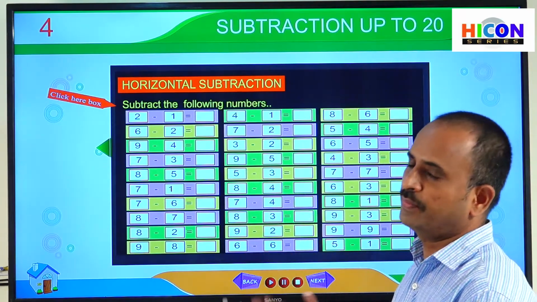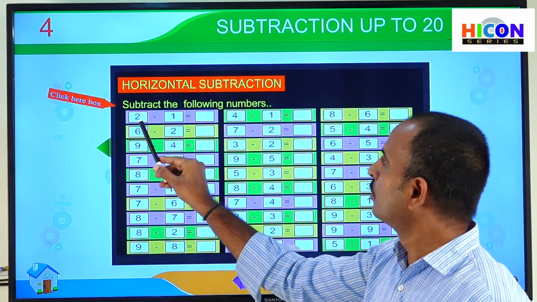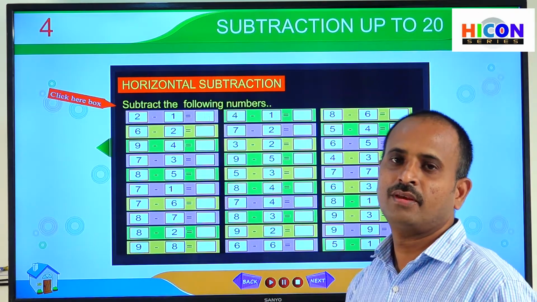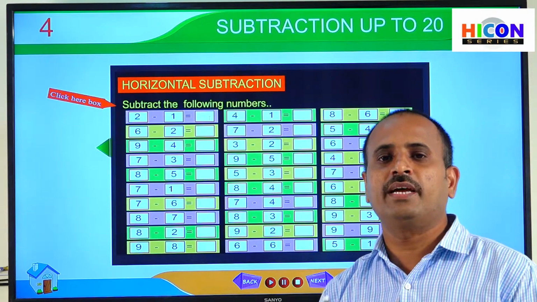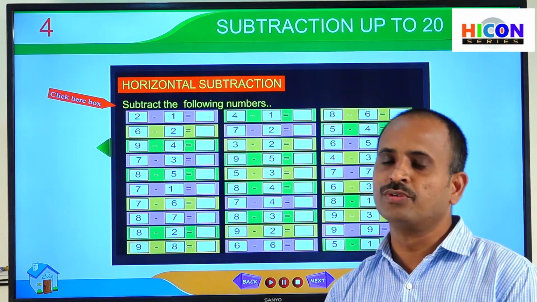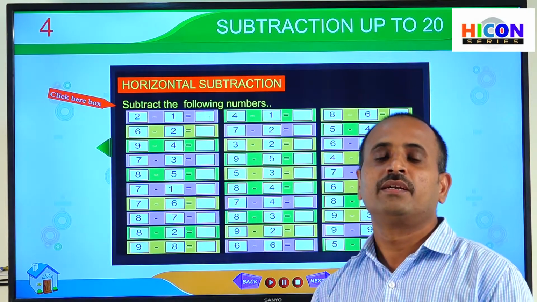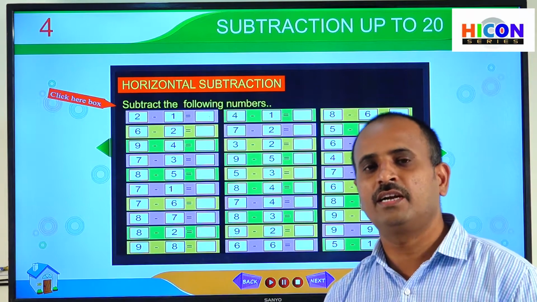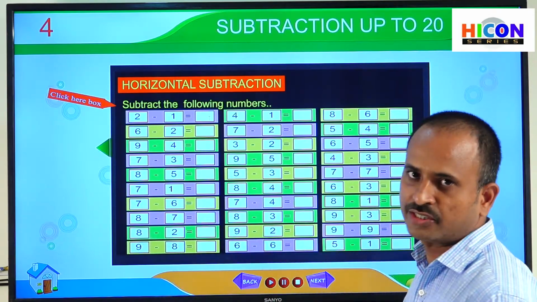So see the first subtraction here, 2 minus 1 becomes how much? Children, some subtractions will be done by using subtraction facts and some will be done by using our fingers. So by using our fingers and by using subtraction facts, we can solve these subtractions.